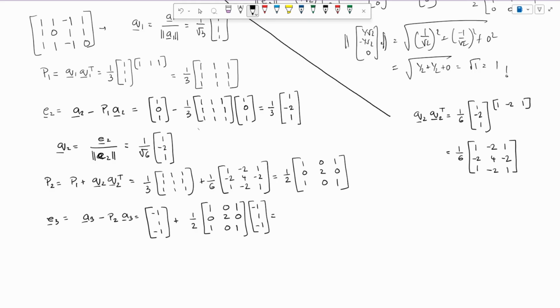What does that come out to? Are the columns A1 and A2 linearly independent? A1, A2. Forget about A3 now. I'm going back one step.